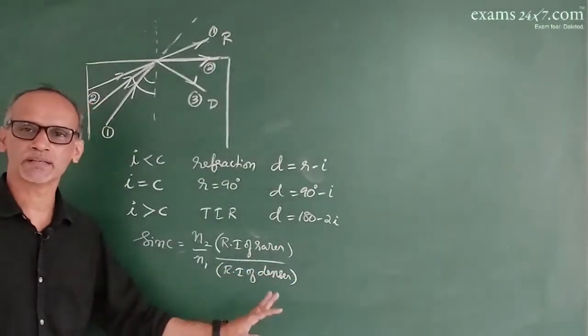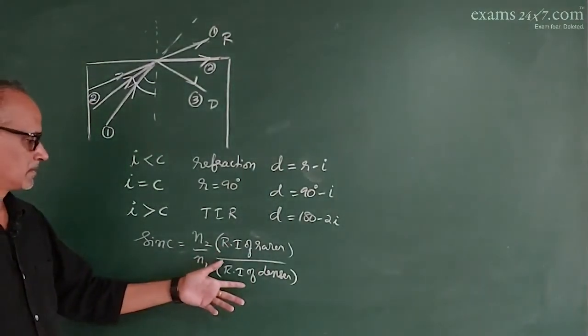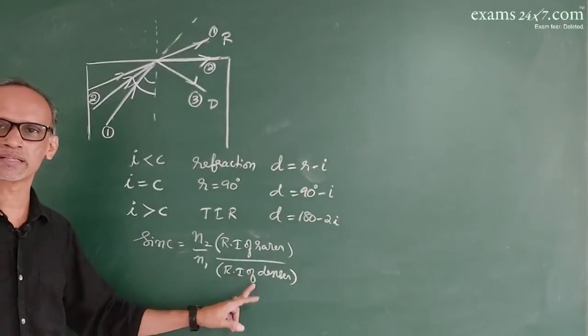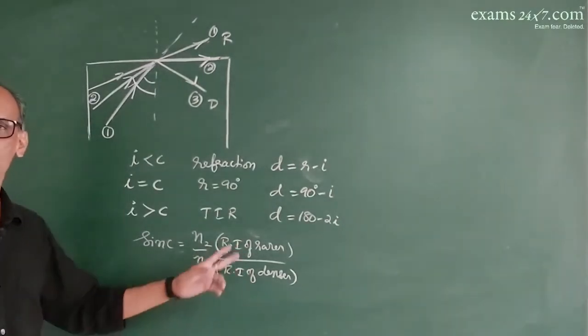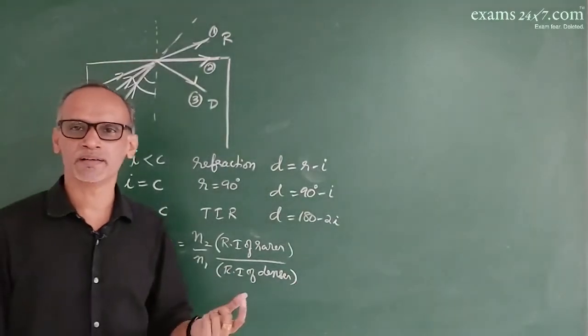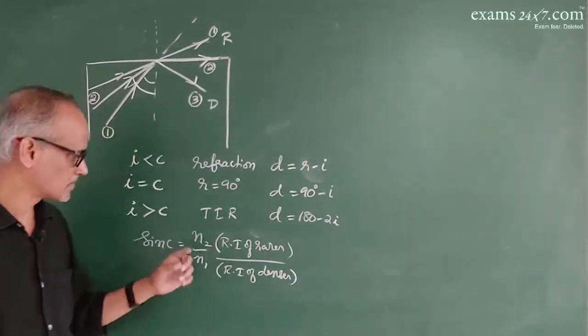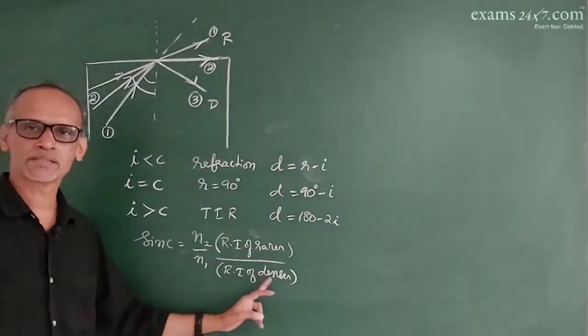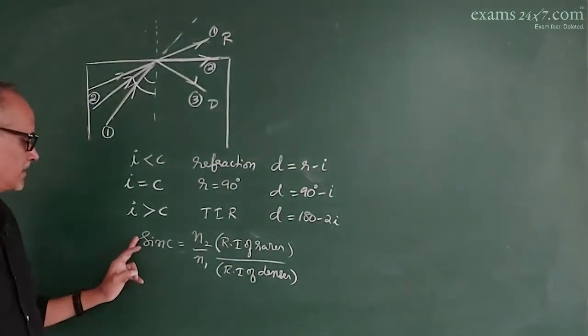It cannot be the other way around, because the refractive index of the denser is greater than that of the rarer, so the ratio comes greater than 1, and the value of the sine function cannot be greater than 1. Therefore, it has to be the refractive index of the rarer to the refractive index of the denser medium. That's how we can calculate the critical angle.